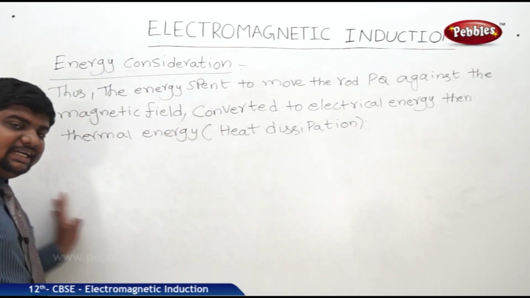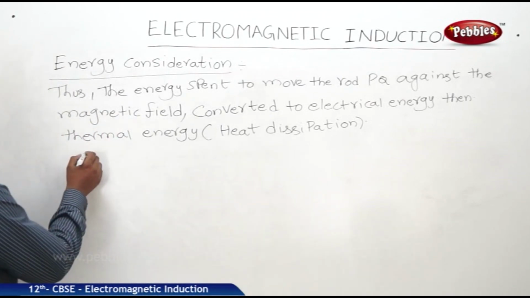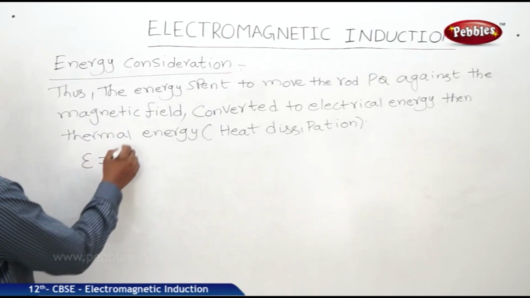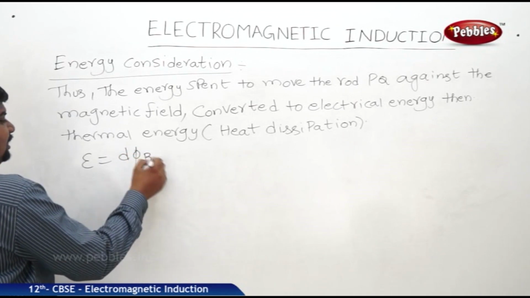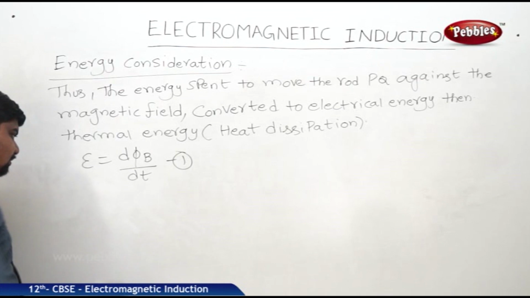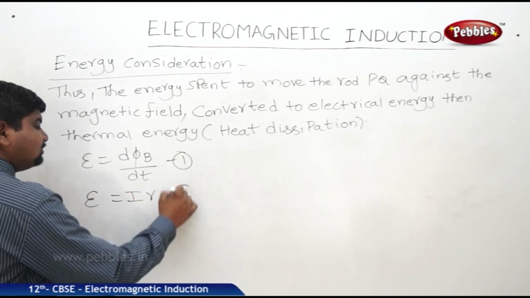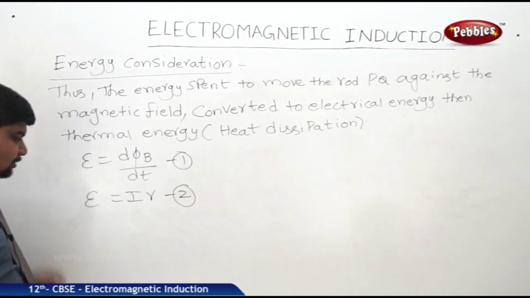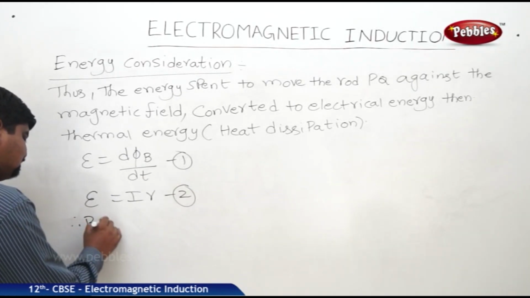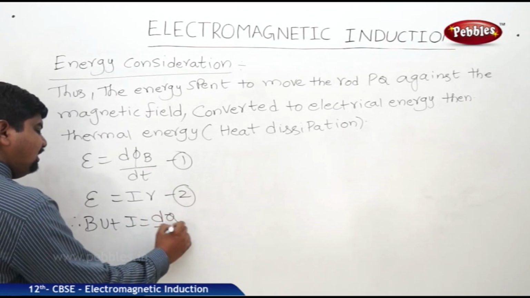Now we are going to see an interesting relationship between flux to the charge, like this. What is EMF? d phi b by dt. This is equation 1. Same EMF we can write as IR. This is equation 2. But I is equal to, we can write dq by dt.